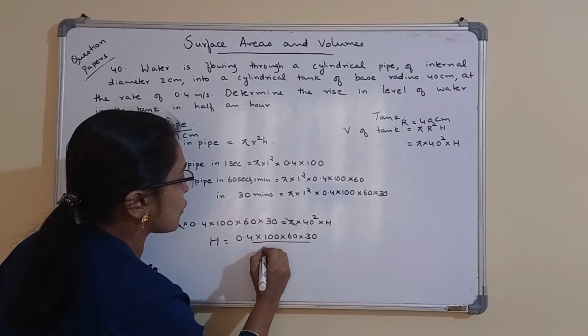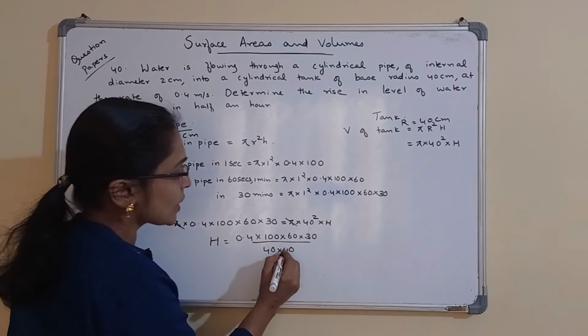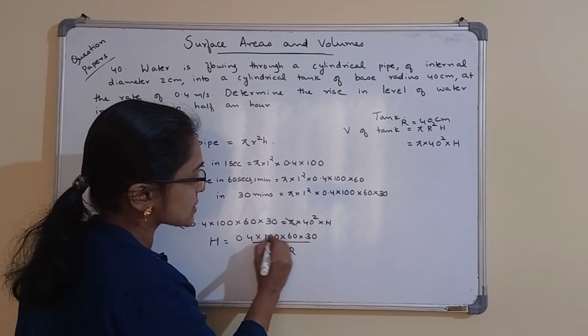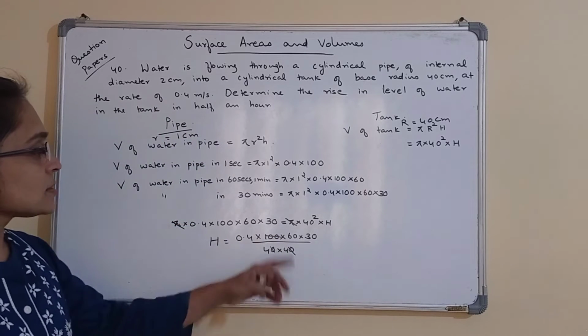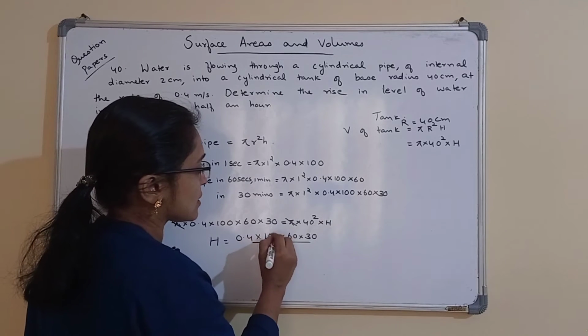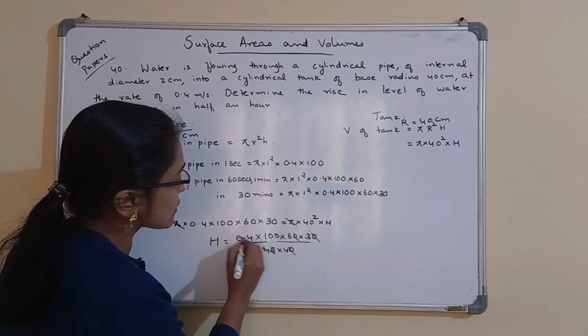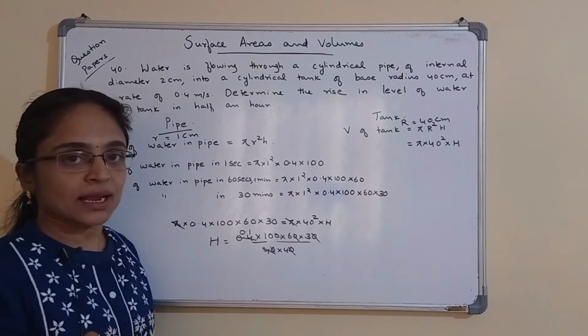by 40 into 40. Now 0 will get cancelled. So we can cancel this 100, or we can cancel these two zeros. Now 4 will go in 0.4, 0.1 times.